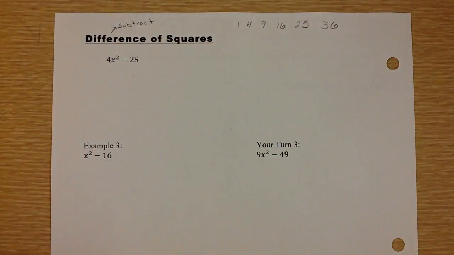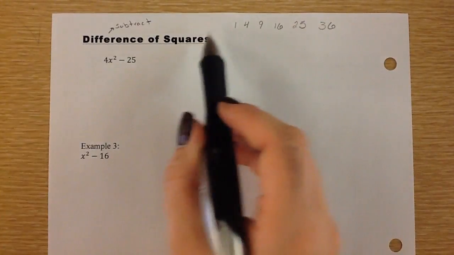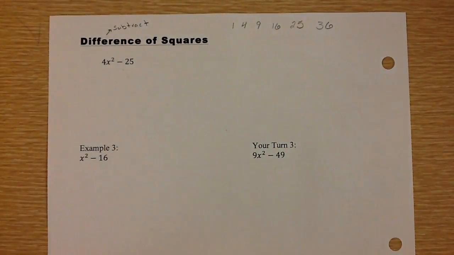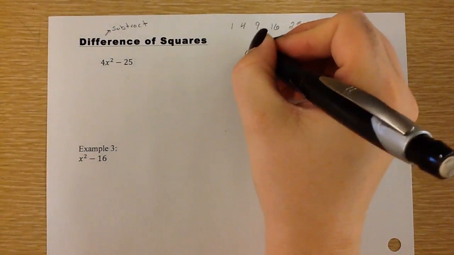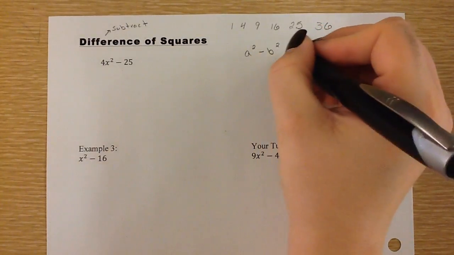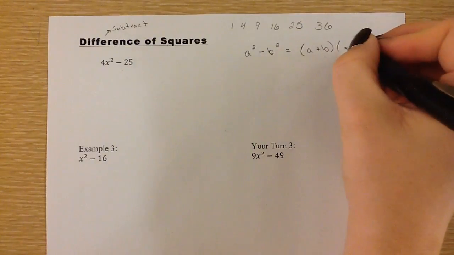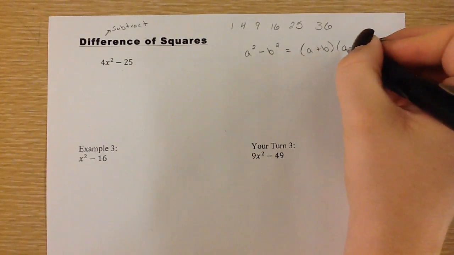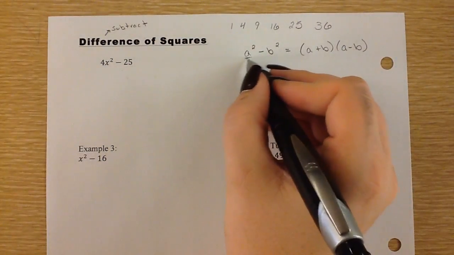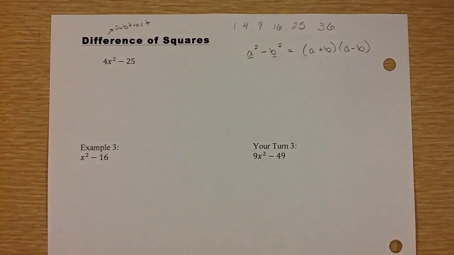If I have a difference of square numbers, I can factor it. A squared minus b squared factors into a plus b times a minus b. Again, the thing I'm squaring and the thing I'm squaring. If I notice that we've got a difference of squares, I can factor it very, very quickly.